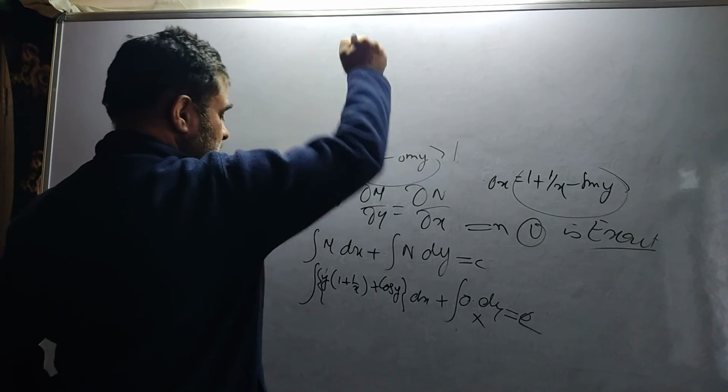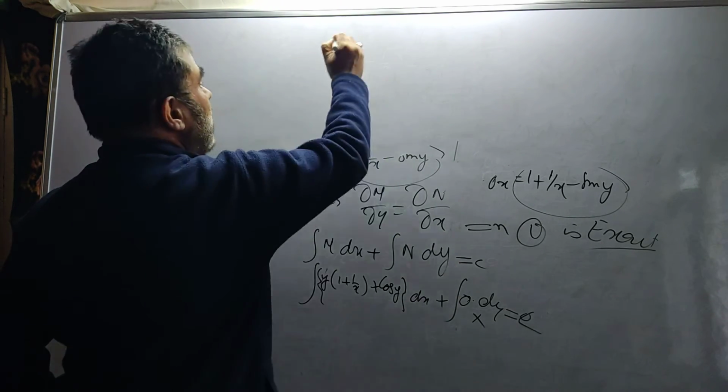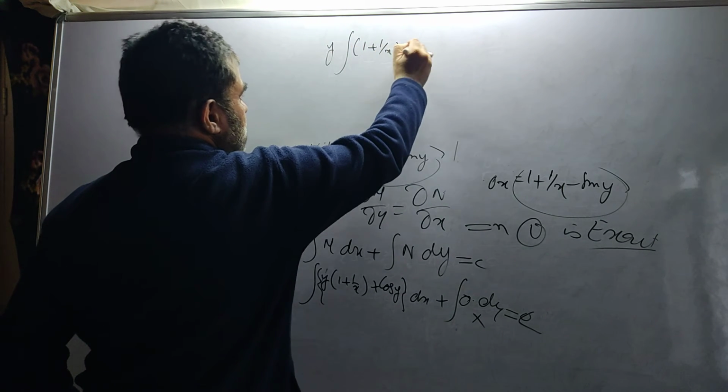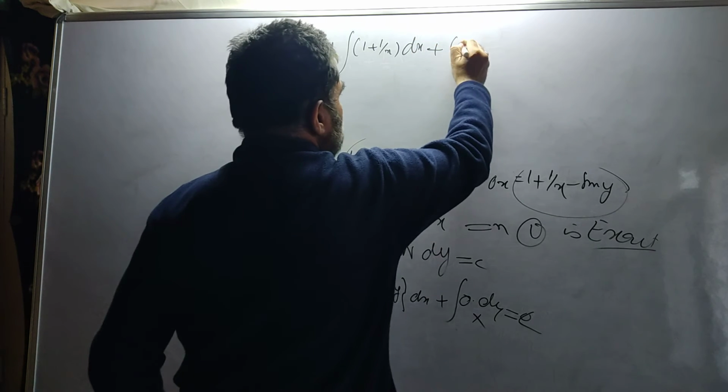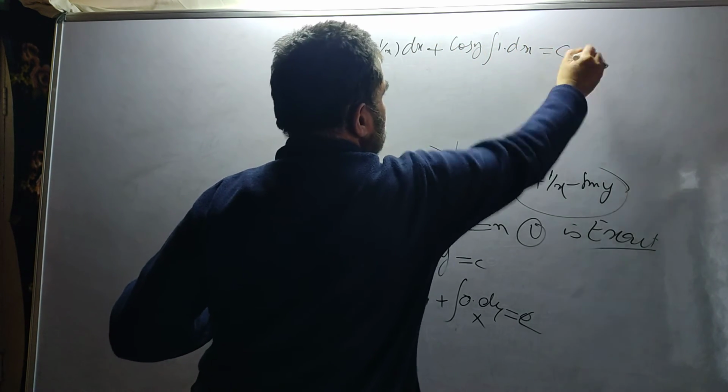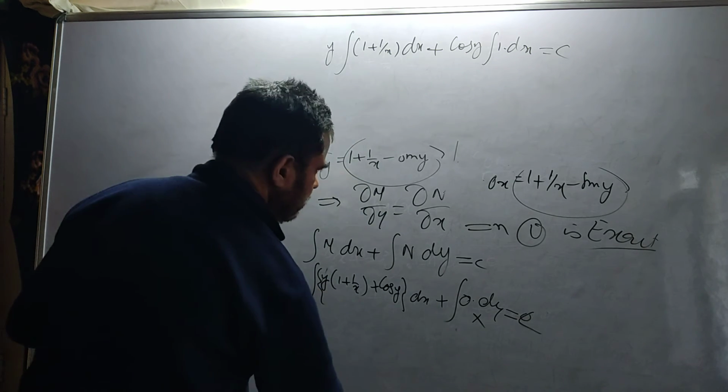This is your integration with respect to x. I will write here y, treat as constant, integral of (1 plus 1 by x) dx plus cos y integral of 1 dx is equal to c.